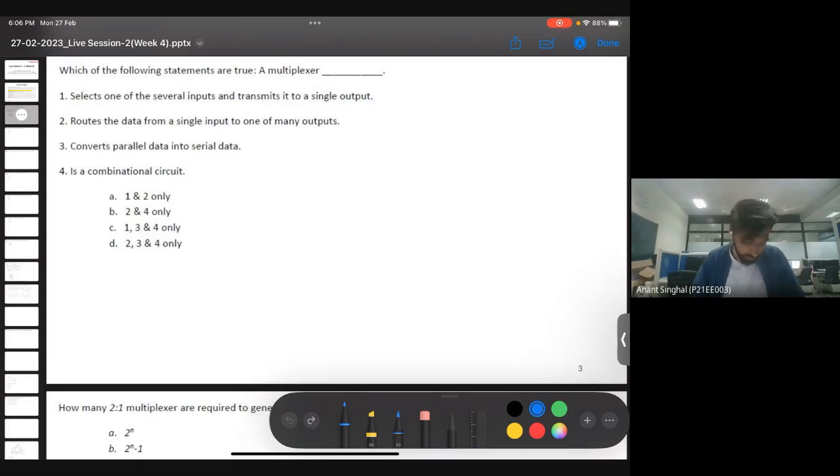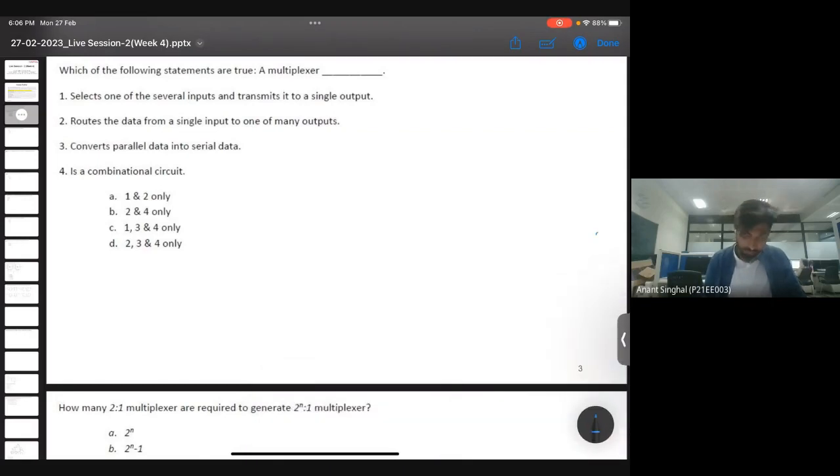It says a multiplexer, and we need to choose the correct statements out of these four statements. Can someone answer this question? Please type in the chat box. And I request you to please be interactive in this session.